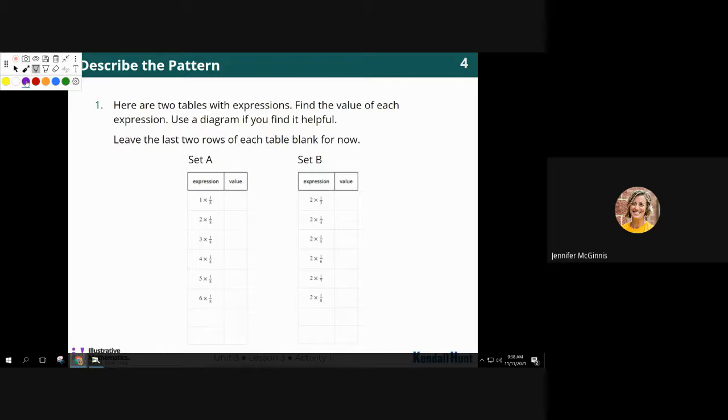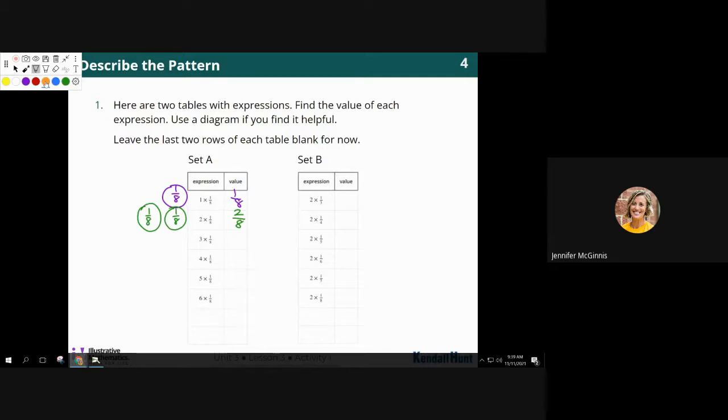If we only have one group of 1/8, then we would have 1/8. A good diagram for that would be one group of 1/8. Right? What about two groups of 1/8? Sophia? 2/8. We would have a group here and a group here. A 1/8 here and a 1/8 here.